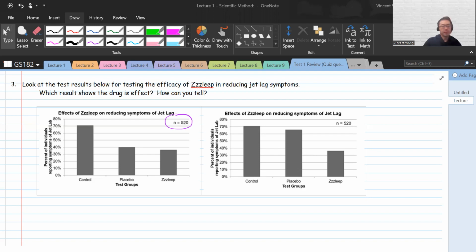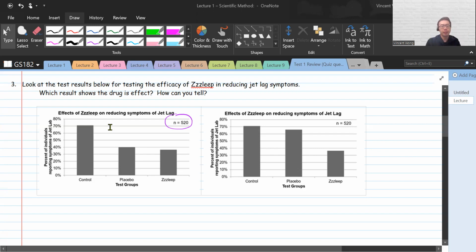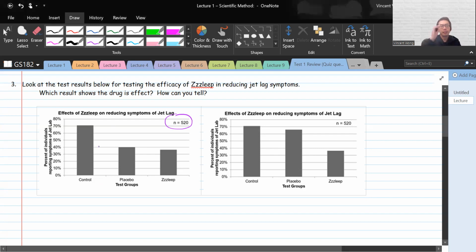Yeah, go ahead, Tosh, please. You're talking about the left chart, right? Yep, this one on the left. Yeah, based on the left chart, I believe it is effective.